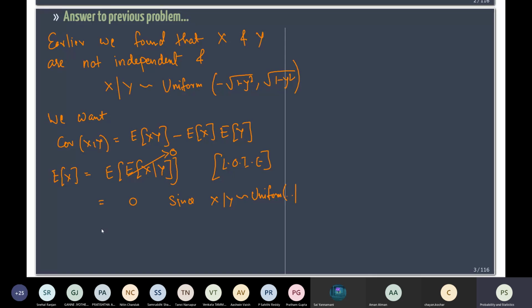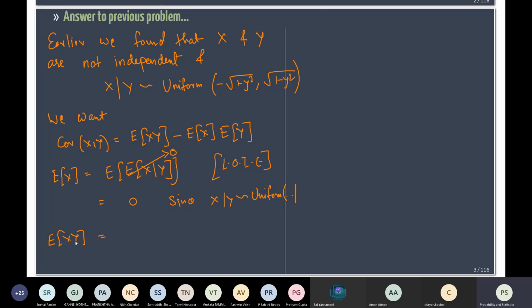We also want to find the expectation of xy. Again we will use the law of iterated expectation trick here, so we write the expectation of xy given y.